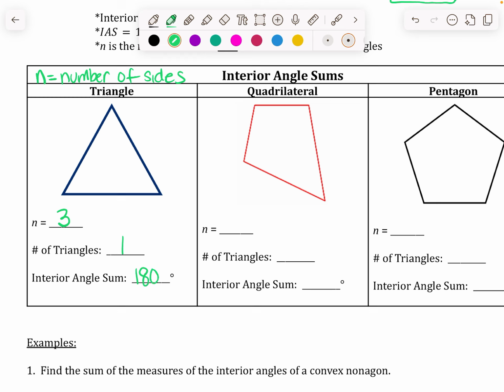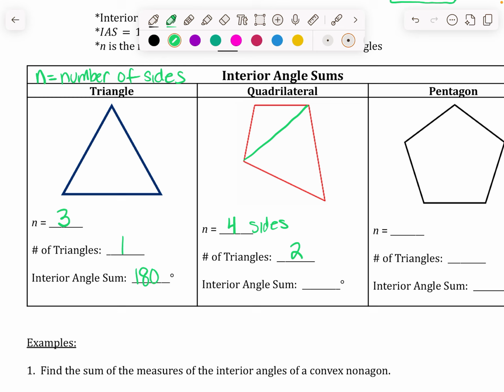Then quadrilaterals have 4 sides. If you look at the quadrilateral, you can connect either the two vertices right here, or you can connect the two vertices right here, and you can see that the quadrilateral is made up of two triangles.